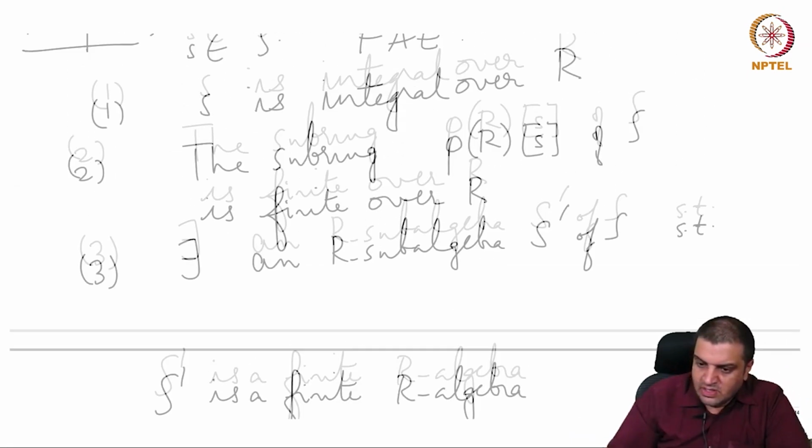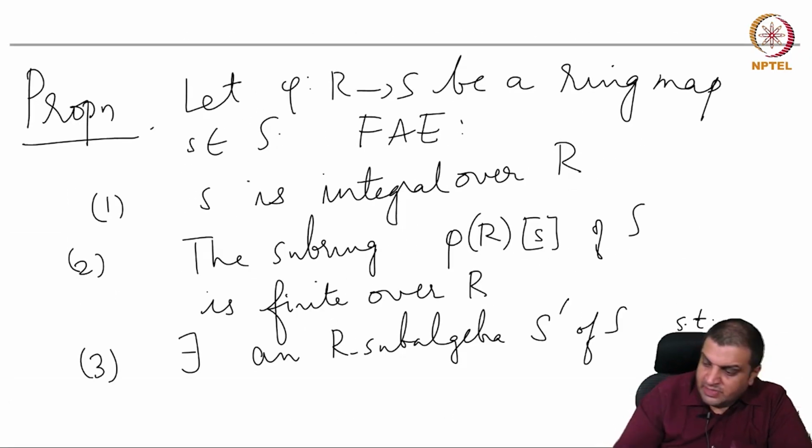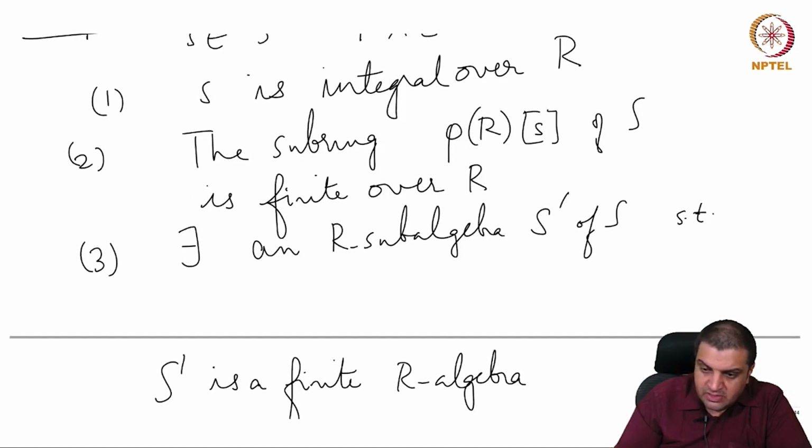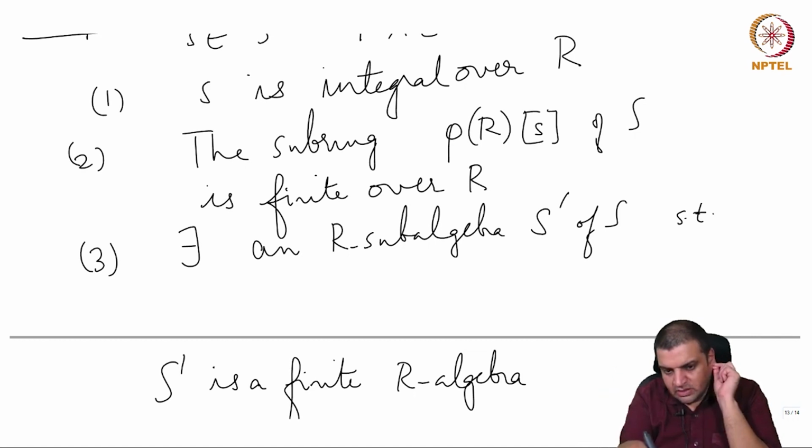Okay, so let's just revisit. So phi is a map and we take an element. First statement, that element is integral over R. The second statement is an example of a subalgebra. It is a subring of S containing the image of phi and some other things.